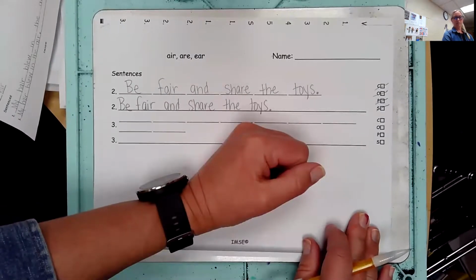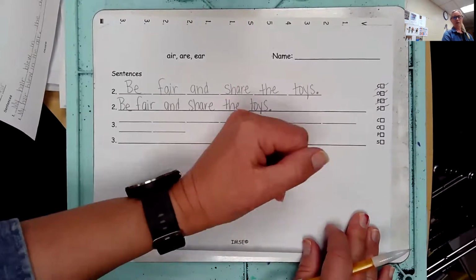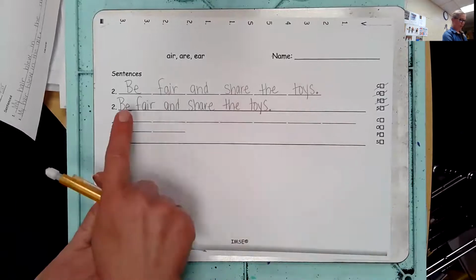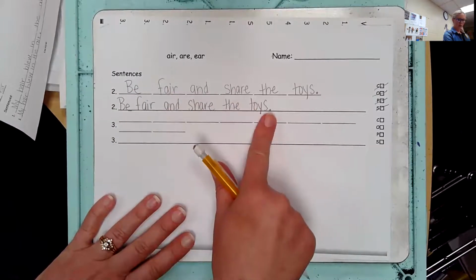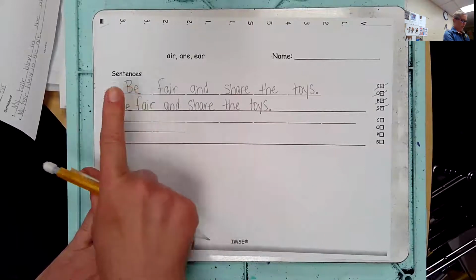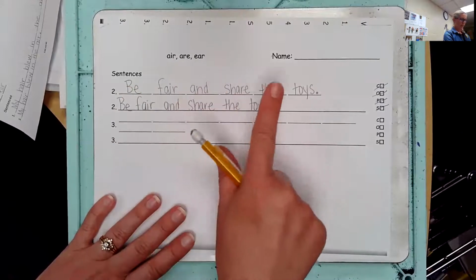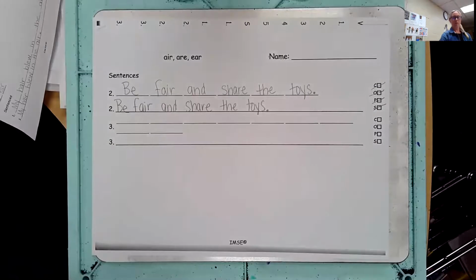She needs to take care and wear a coat. Tap it on the lines. She needs to take care and wear a coat. All right, give it a try. Come back and check.